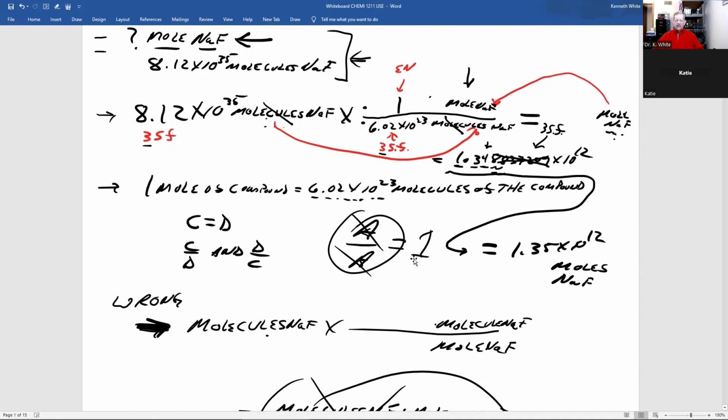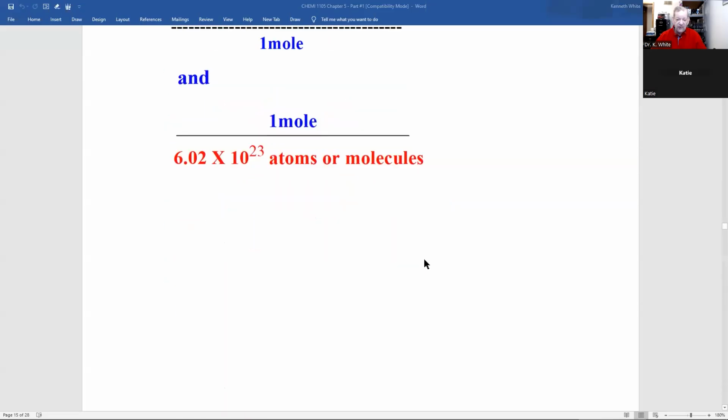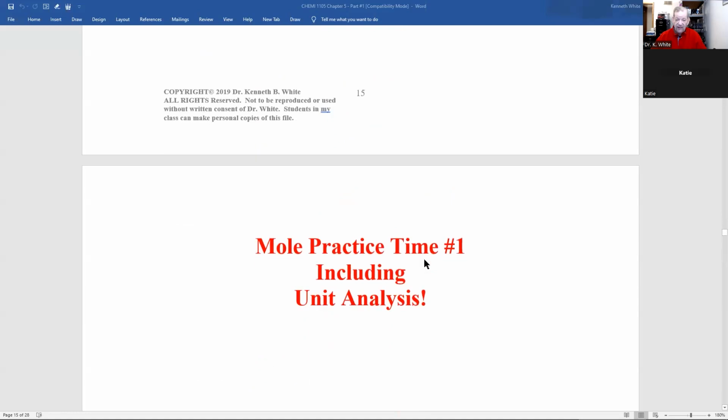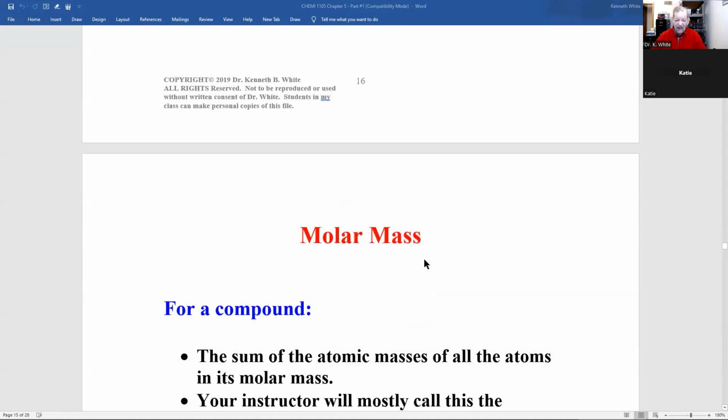Anything divided by itself is the number one, and that's why you end up with the right units, moles of sodium fluoride. All right, it's time to move on, but really do the practice problems. Do them now. You're not going to learn chemistry, this chapter's the day before a test.